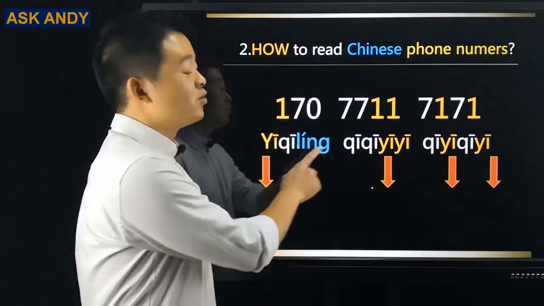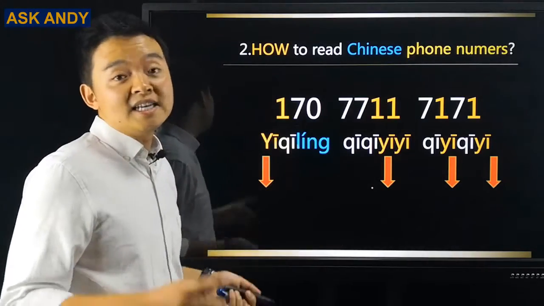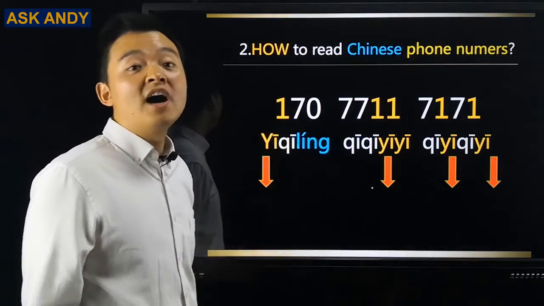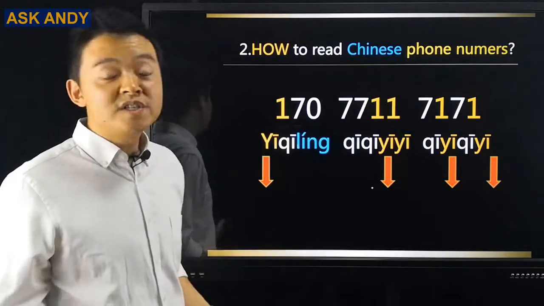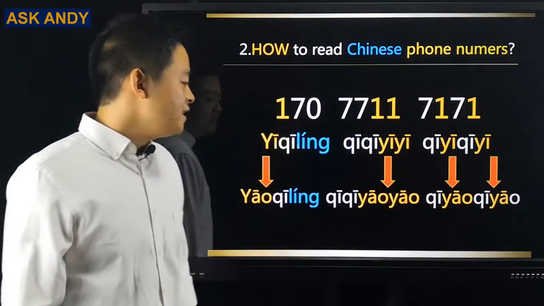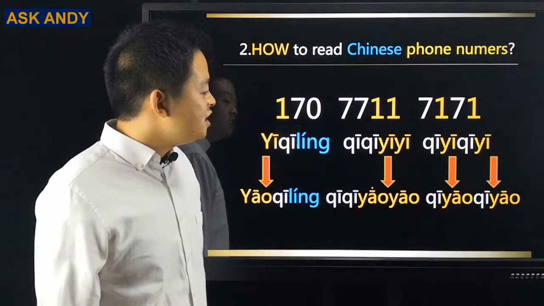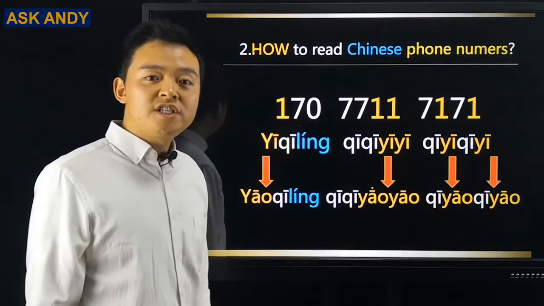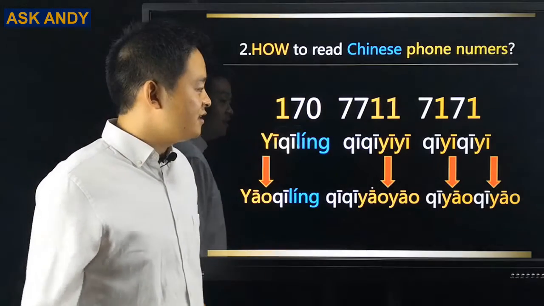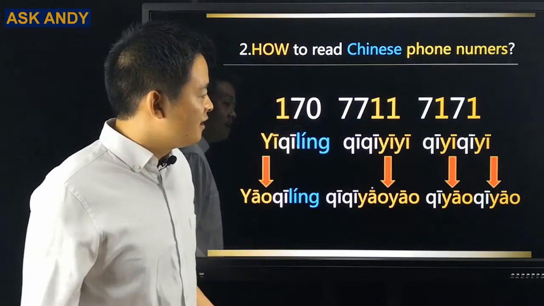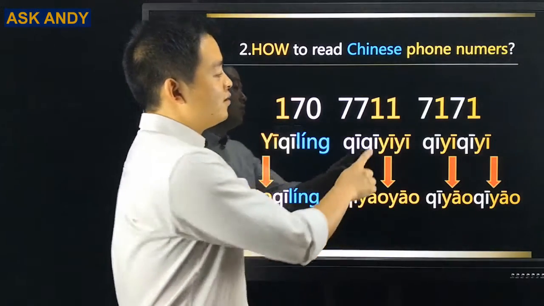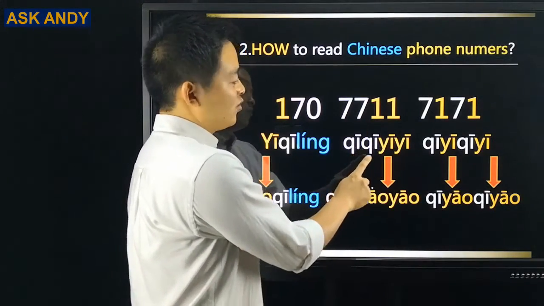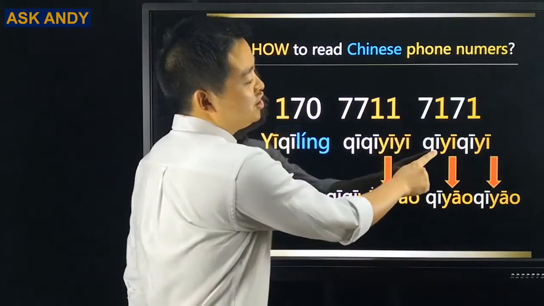Because for this number 1, we can't read it as yi, we need to read it as yao. Let's try it with yao, then you see the difference. 170 7711 7171. Right now, it's really clear, right? So why? Because you see, if number 1 goes after number 7, we read it 七, 七.